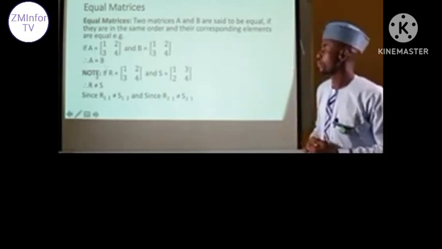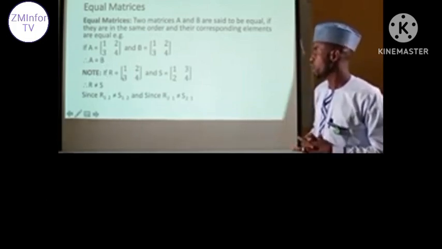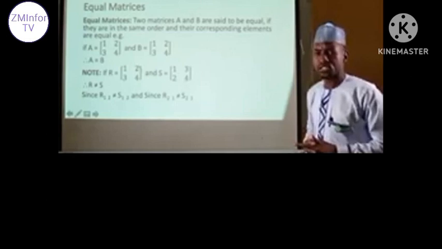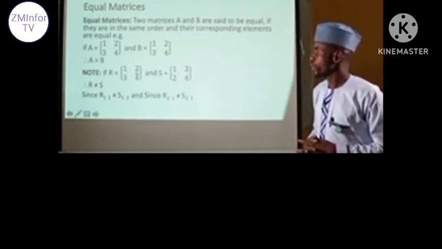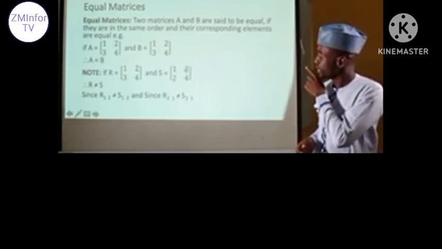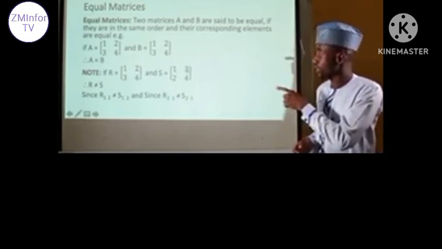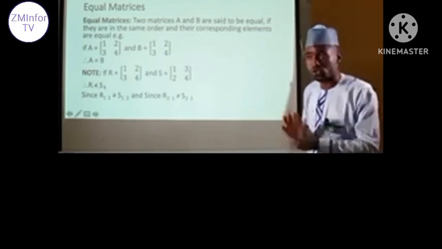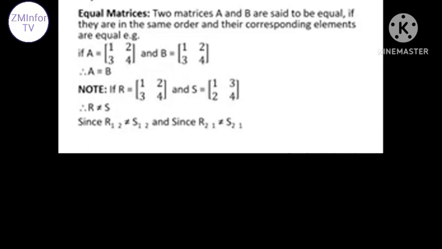But students should note, or listeners and viewers should note, if we have matrix R as 1, 2, 3, and 4, and matrix S, 1, 3, 2, and 4, matrix R is not equal to matrix S, because the second element in the first row, which is 2, is not the same as the second element in the first row of matrix S. Therefore, due to this reason that the corresponding elements are not equal, matrix R is not equal to matrix S. Since R12, meaning the number in the first row, second column, which is 2, is not the same as the number in the first row, second column of matrix S. Therefore, these matrices are not the same.